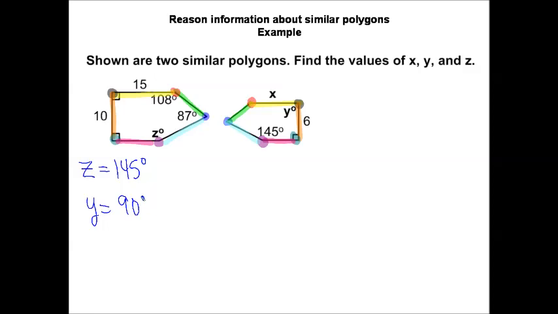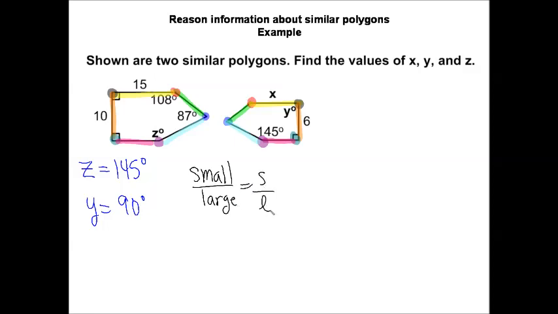We're going to have to set up and solve a proportion. So when I look at this, the x and the 15 are going to go together. I'm going to put those in a fraction together. I can put either one on top. But if I do the small shape over the large shape, I have to do the same thing over here.